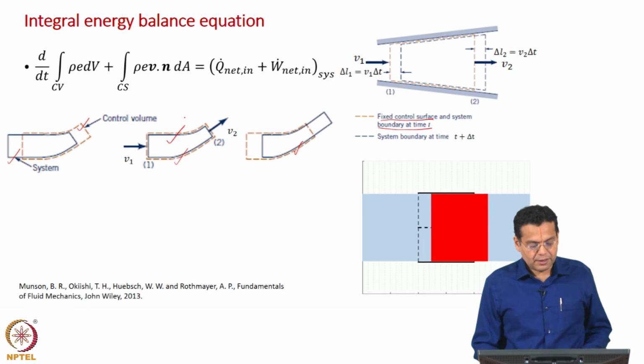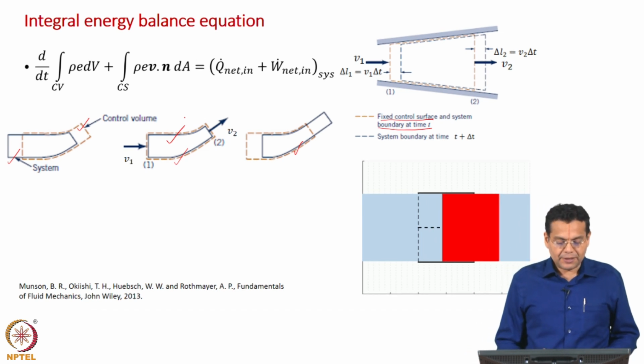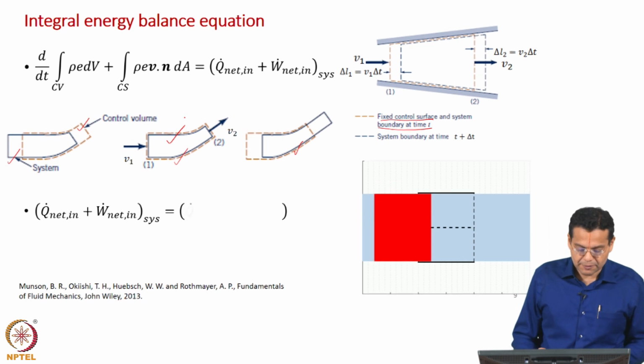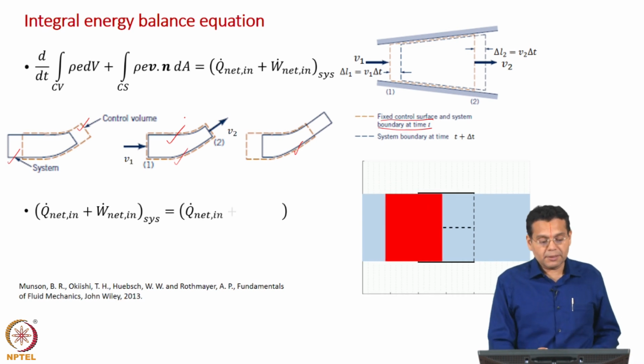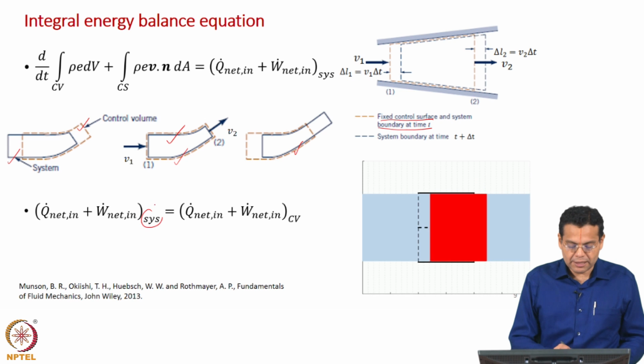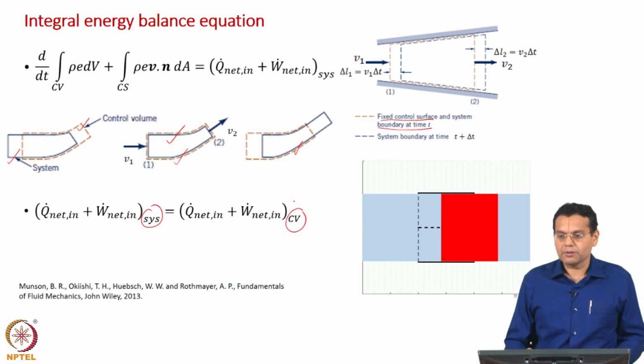So now what happens? The right hand side, which is for the system, now becomes that for the control volume. So the subscript now changes, still remember it is net in both for the heat transfer term and the work transfer term, but system now has been replaced with control volume.